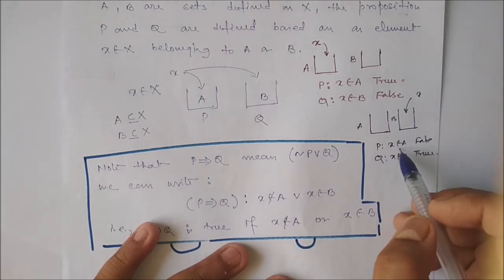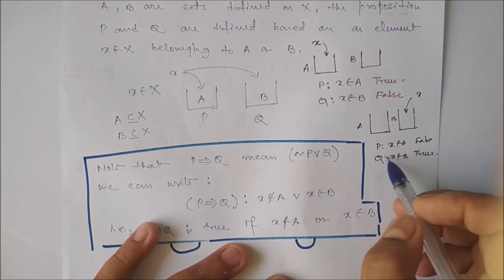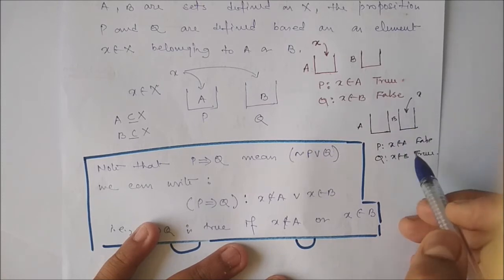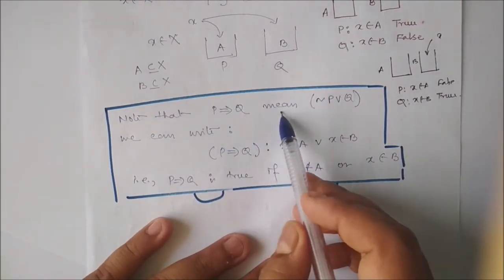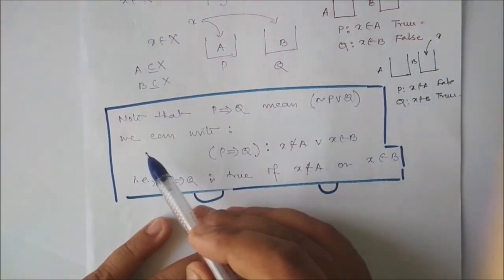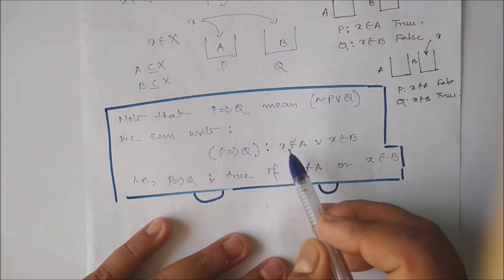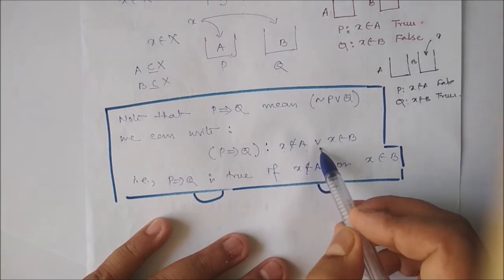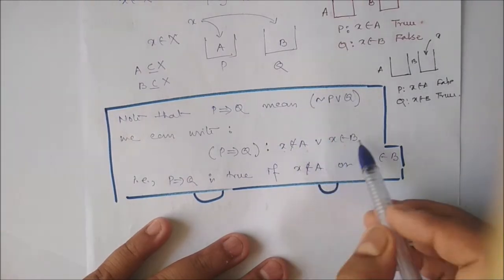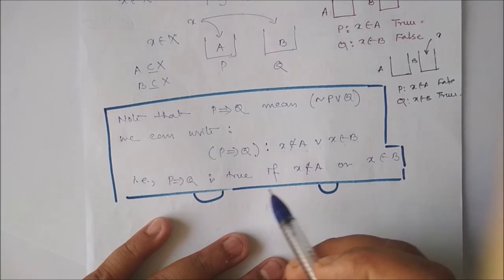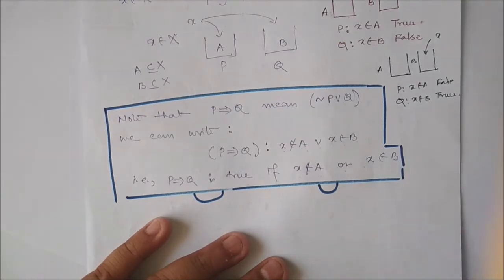So P, x belongs to A, is false because x is not inside A. But Q is true because x is inside B. Now note that P implies Q means not P or Q. So we can write P implies Q as x does not belong to A or x belongs to B. So P implies Q is true if x does not belong to A or x belongs to B.